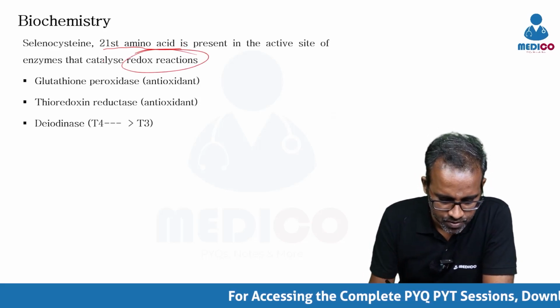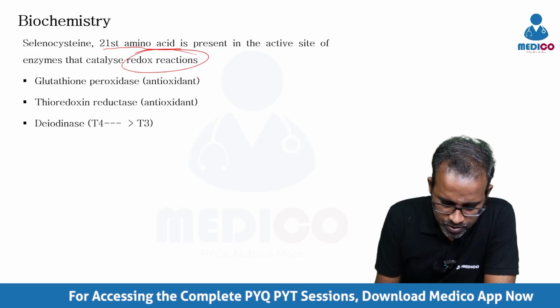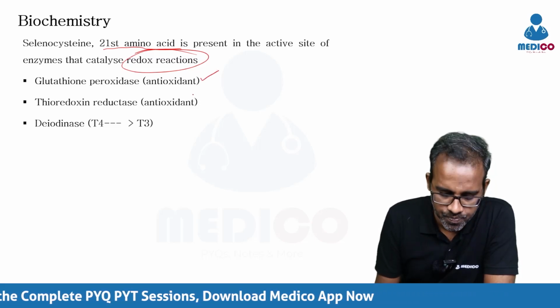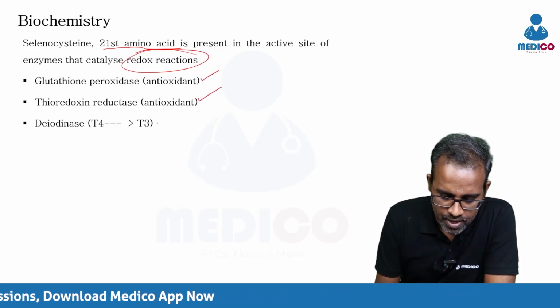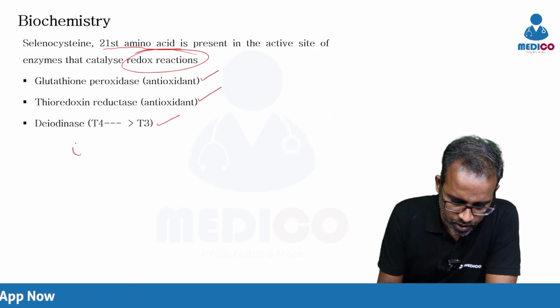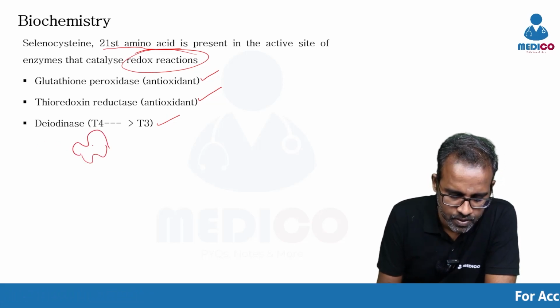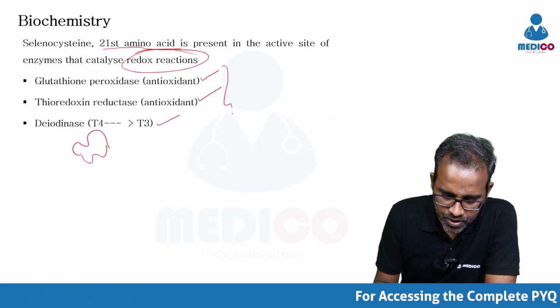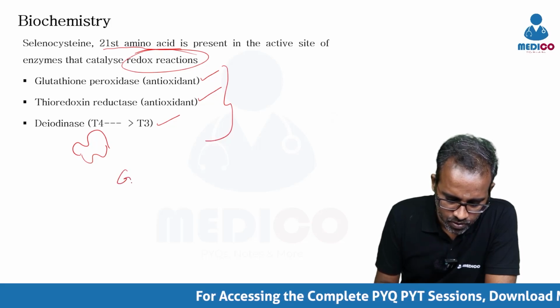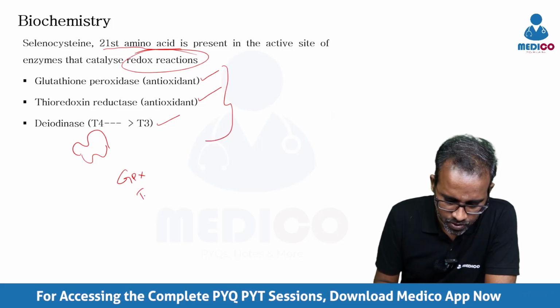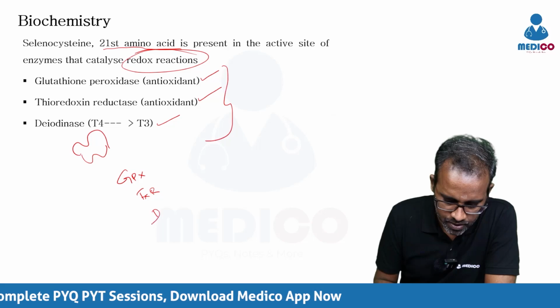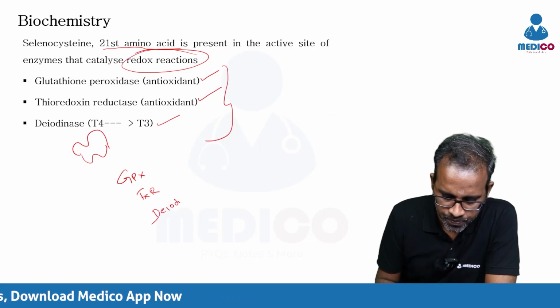What are those enzymes? Glutathione peroxidase, thioredoxin reductase, and deiodinase, which is present in the thyroid gland. These are the enzymes which contain selenocysteine.